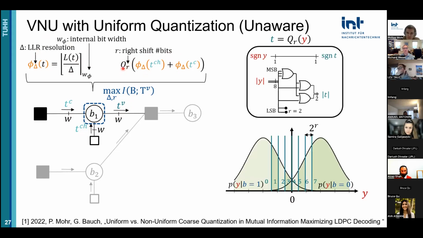And the implementation for the uniform quantization is very low, and this is why we use it here. And then we just need to tweak the delta here and the right shift value, which is an integer, to optimize the mutual information.